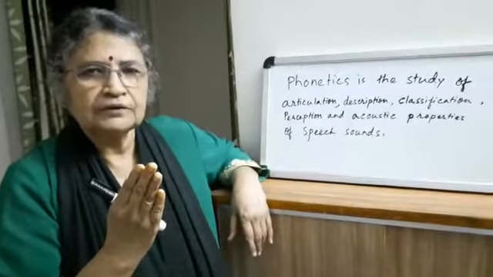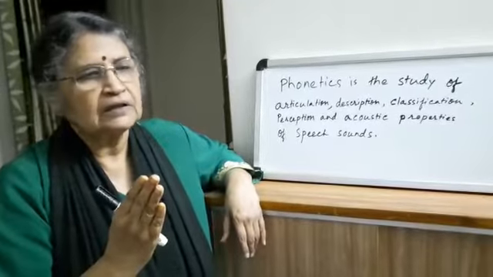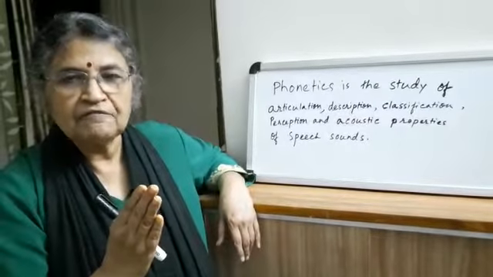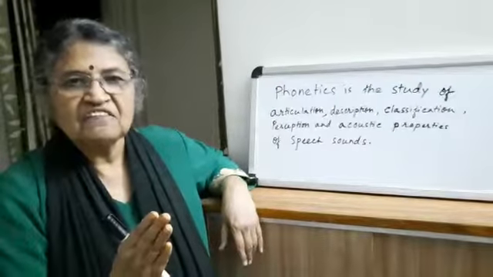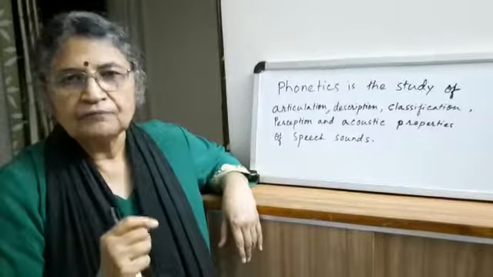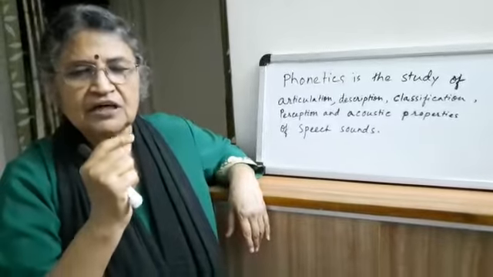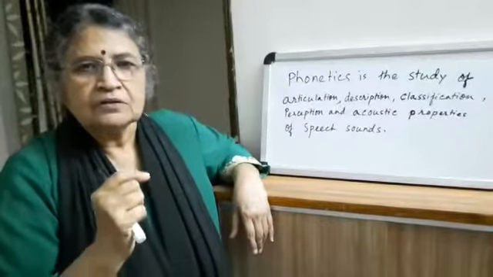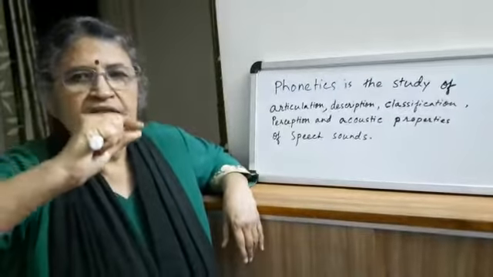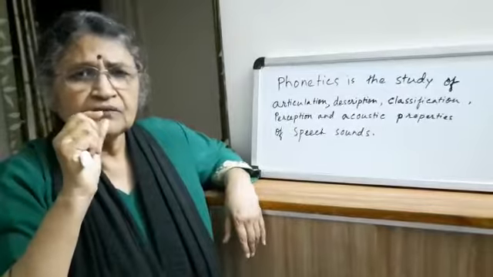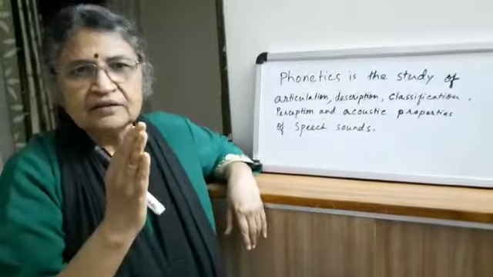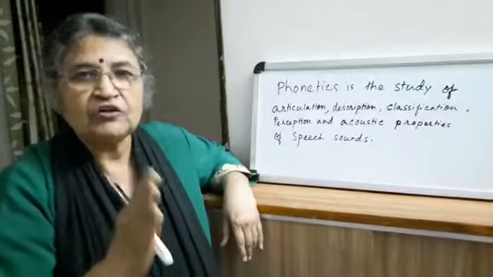For example, there are fricatives. If I pronounce the word fin, F-I-N, fin, how is it produced? I don't make any closure. There is a gap between my upper teeth and the lower lip. So when the air flows through this narrow constriction, there is turbulence in the air, so there is some friction noise.